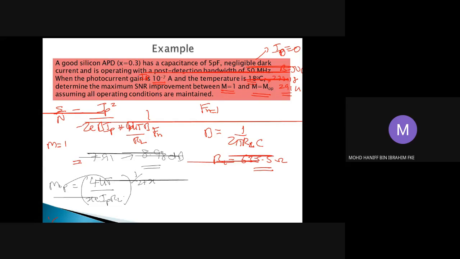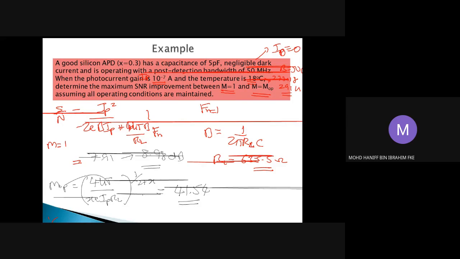By substituting all the information, including x of 0.3, the optimum M value shall be equal to 41.54. So that should be your optimum value of M obtained.